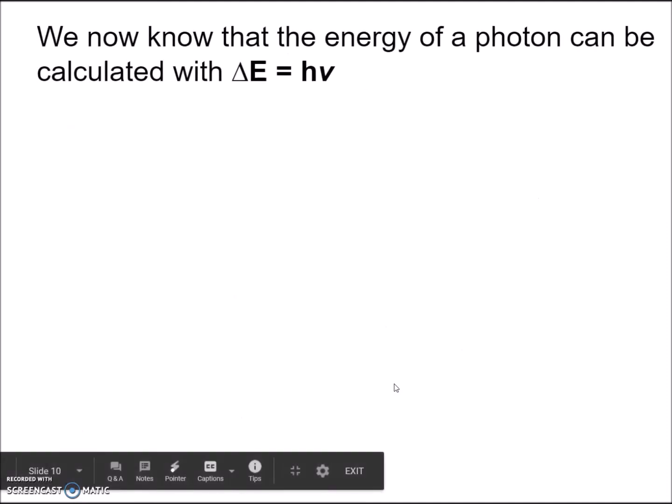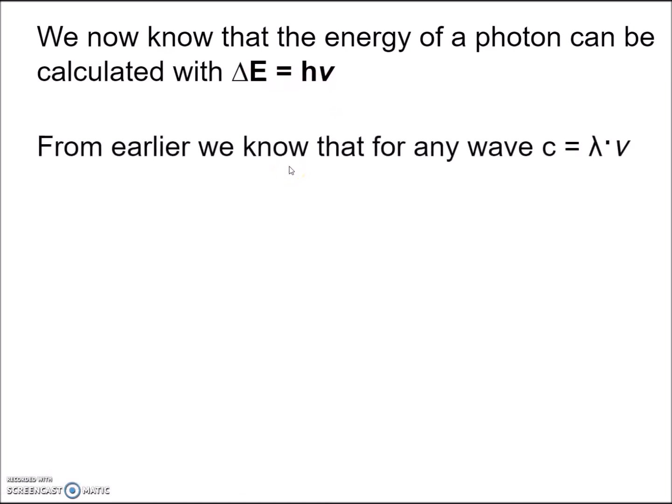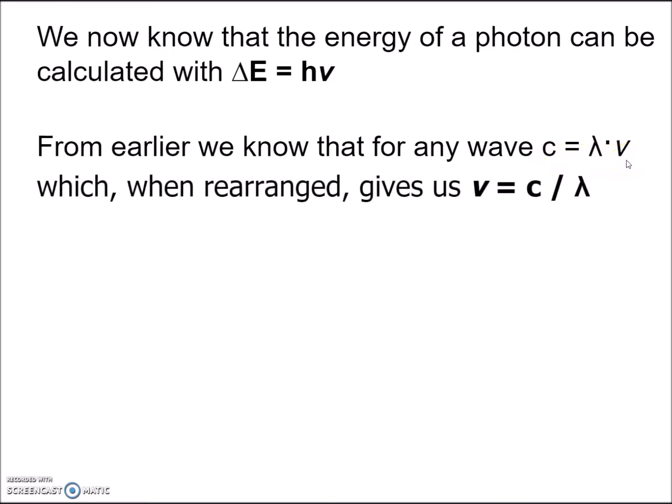All right, let's review the equation that Planck gave us and combine it with what we already know from our study of waves a little bit ago. We know that velocity equals wavelength times frequency, which if we just do a little bit of rearranging here, we could say that frequency equals velocity over wavelength. Well, check Planck's equation.